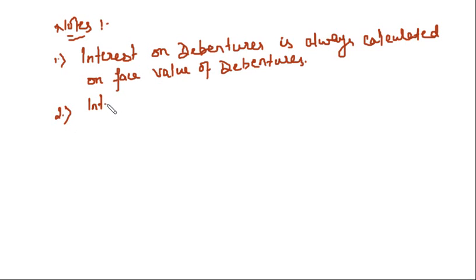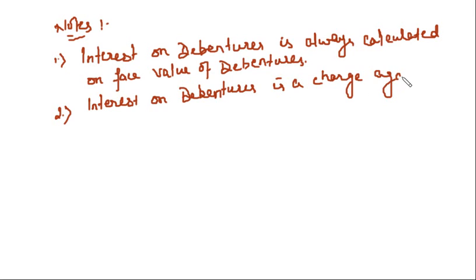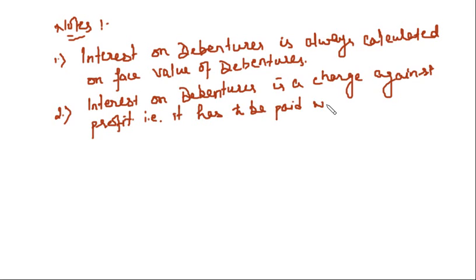Second, interest on debentures is a charge against profit. Now, can you tell me what this term charge against profit means? That is, it has to be paid whether you earn profits or not.